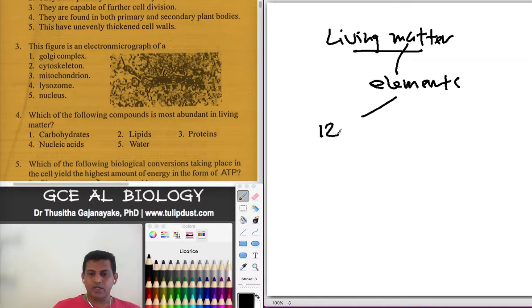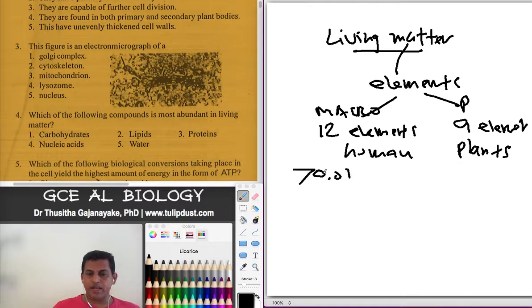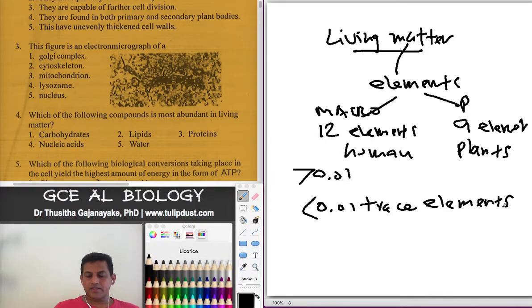As you know, there are 12 macro elements in human and 9 elements in plants, and that is 0.01. More than that is a macro element. Less than 0.01 is a trace element.